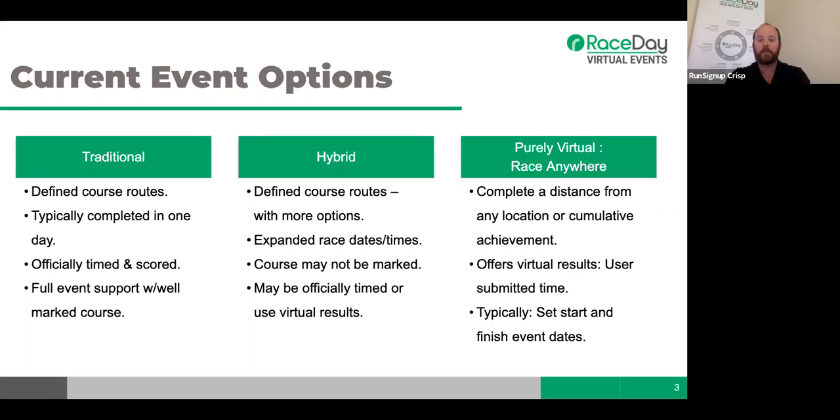And then there's the purely virtual or race anywhere option. This is quite literally a virtual event or a challenge event. It has virtual results that can be submitted through a multitude of different ways. And there's likely a range of start and stop, or a range of times that athletes can submit their times and or complete the distance.